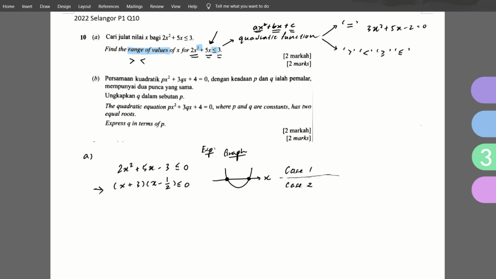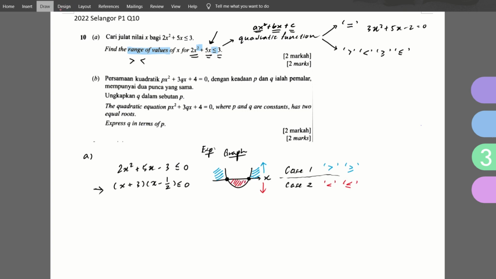For the first case, if we find more than or more than equal to in our equation, we need to focus on the areas which are above the x-axis, meaning here. If it is less than or less than equal to, we need to focus on the area below the x-axis, which is here.